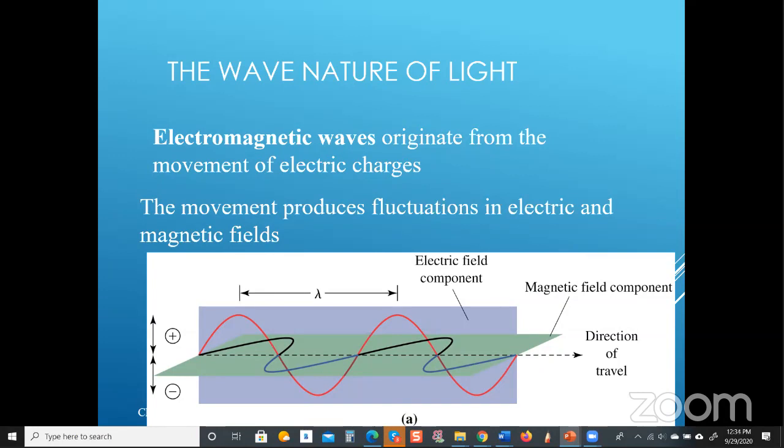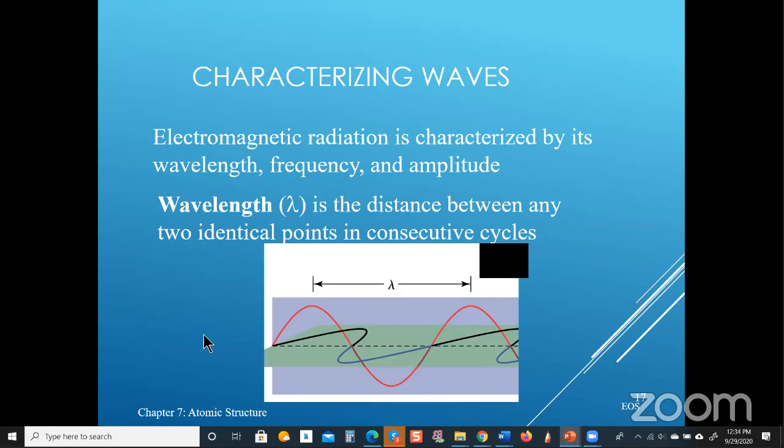Now, there are certain features that characterize a waveform. The first one we're going to talk about is the wavelength. The definition of the wavelength is a distance between any two identical points in consecutive cycles. It is symbolized here by the Greek letter lambda, which looks like an upside down Y, all right?